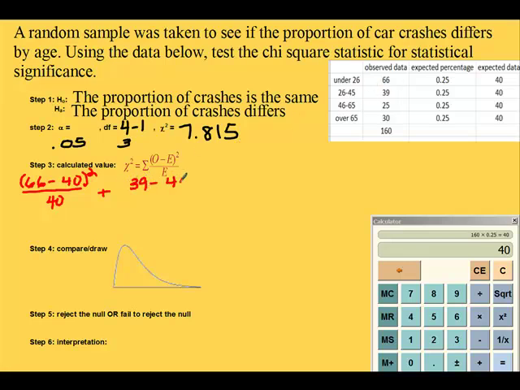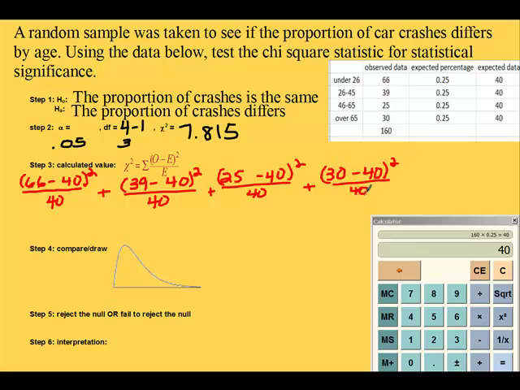I'm expecting, if all things are equal as the null, that it would be 40. Square it, divide by 40. The third piece of data is 25 minus the expected 40. Subtract it, square it, and divide by 40. And then finally 30 minus 40. Subtract it, square it, and divide by the 40.